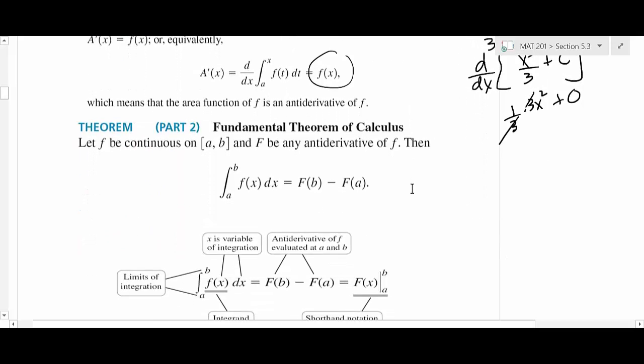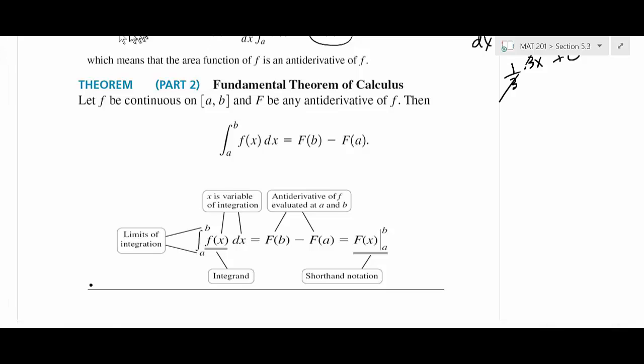So here's what the fundamental theorem says. This is the big thing, and this will tell you how to evaluate what's called a definite integral. With a definite integral, you have a continuous function, and you're finding an area under a curve from a to b. First of all, capital F is an antiderivative.